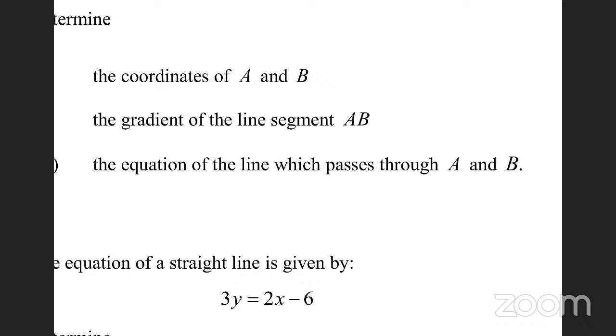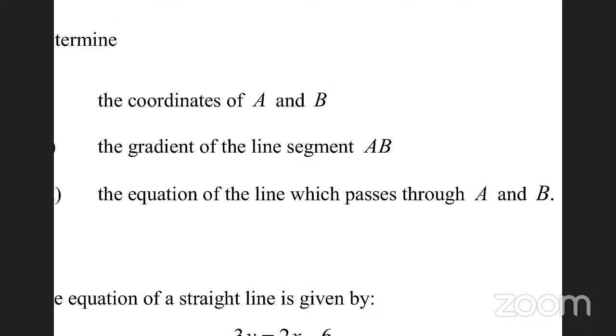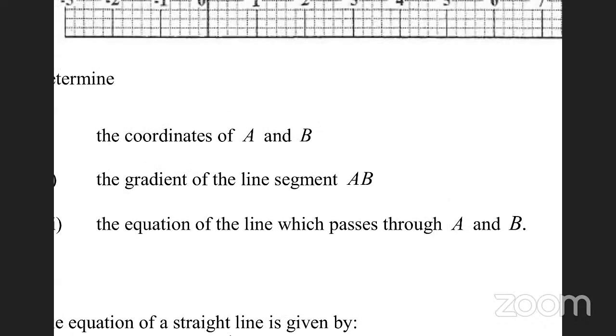Ignore all the piece of the data. It's just the equation. Ignore this here. We're not doing this part here. What was it again? A was what? A was minus 2, 3, and B was 4, 6.